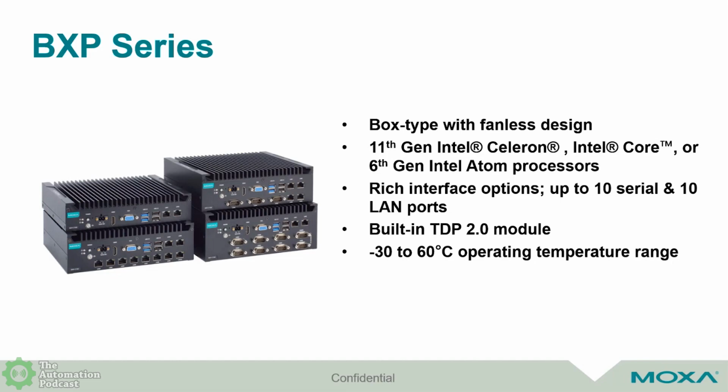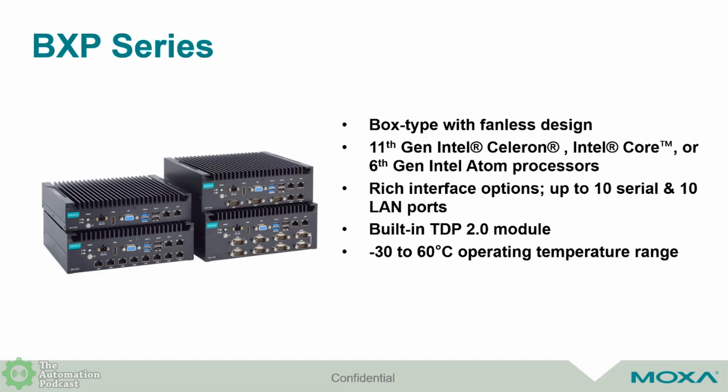Coming back to the BXP series, it has the 11th generation Intel Celeron or Intel Core i5 or i7 processor. We have a rich set of interface options, including up to 10 RS-232, 422, or 485 serial ports. We have up to 10 gigabit Ethernet ports, so you can have 2 to 10 Ethernet ports.